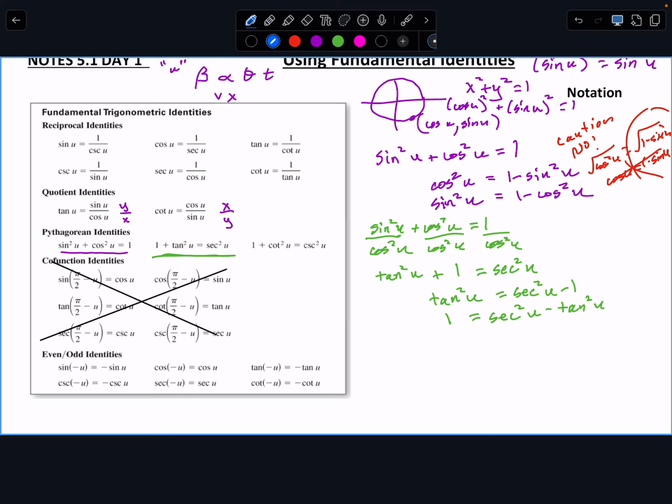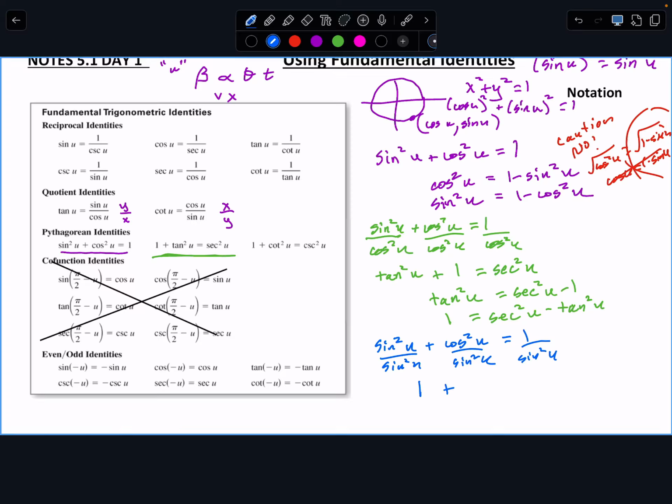All right, and then for the last Pythagorean identity, if I start with the sine squared plus cosine squared equaling 1, and instead of dividing by cosine squared, if I divide by sine squared, then I get a 1.